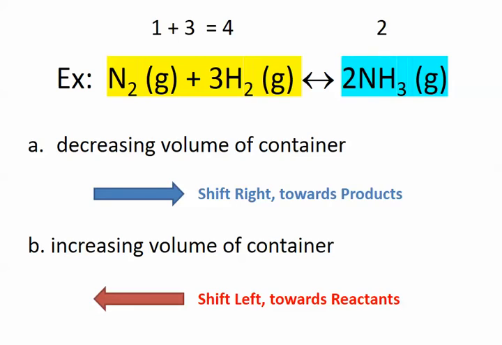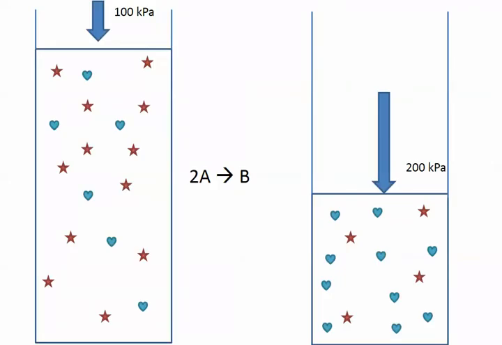I know this one's kind of hard to think of, so I have another visual here. Here I have a made-up reaction. We have stars and hearts. Our stars are A, which is our reactant. The hearts are B, which are our products.